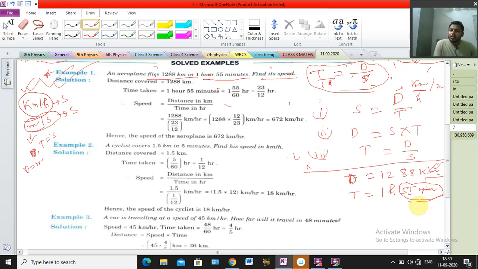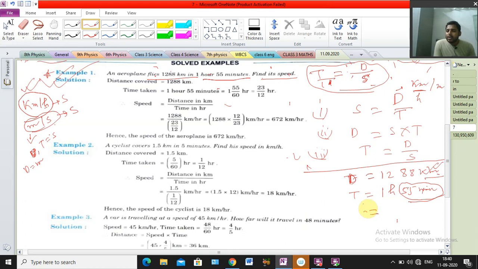Sir, how do we convert this? See, we know that 1 hour equal to 60 minutes, because the hour and minute relation is there. So hour to minute we multiply by 60, but minute to hour we have to divide by 60.